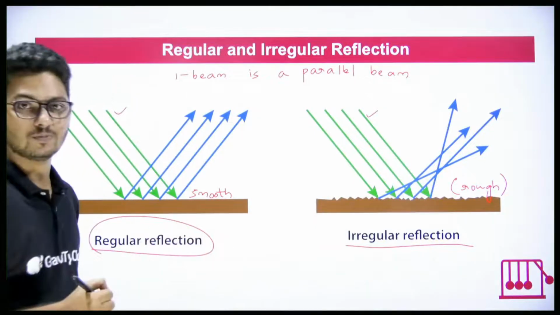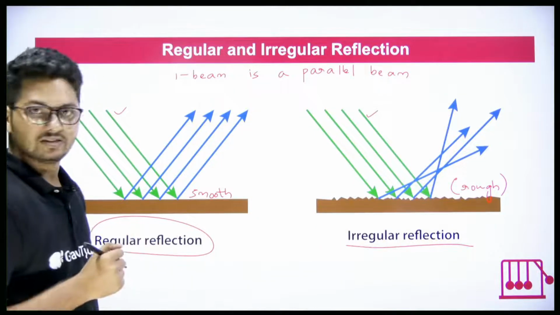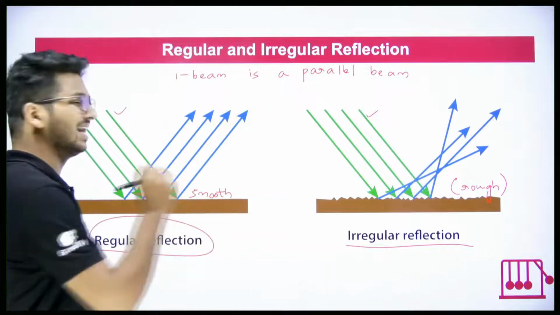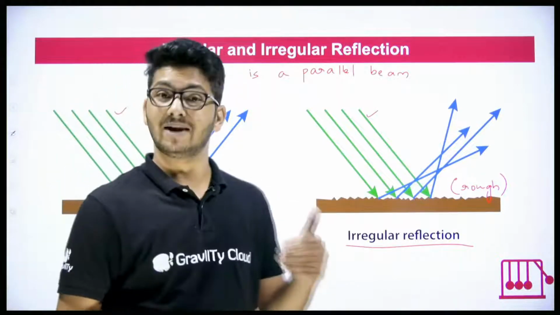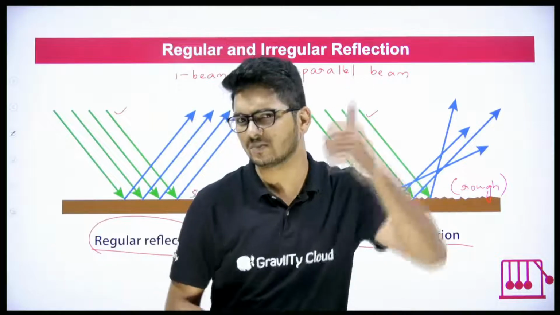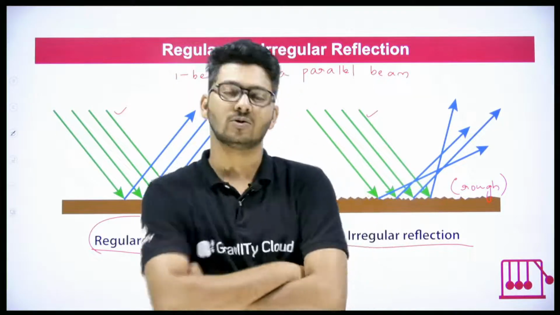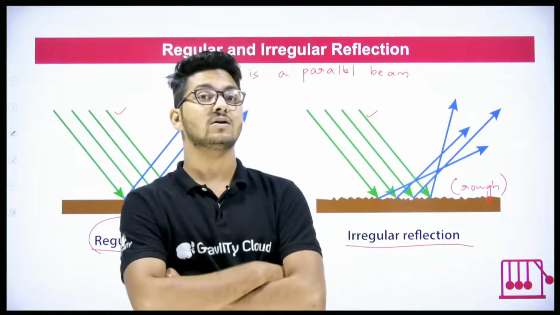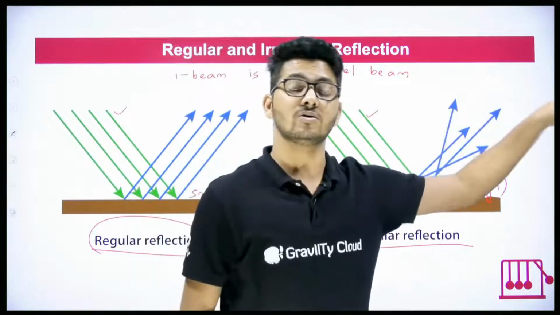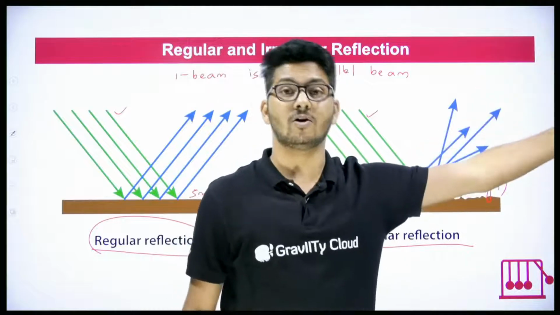Best example for smooth and rough surfaces, or for regular reflection and irregular reflection: in the case of a plane mirror, the surface of the mirror is smooth. So in the case of a plane mirror, we have regular reflection. But the wall is rough.